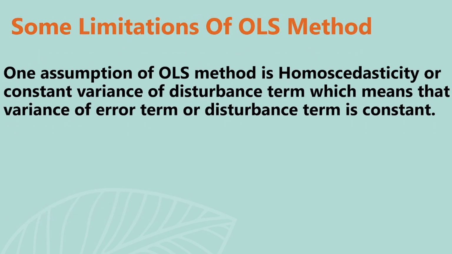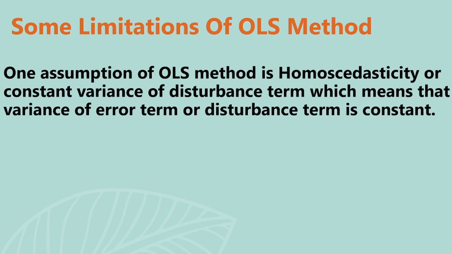Next limitation. One assumption of OLS method is homoscedasticity or constant variance of disturbance term, which means that variance of error term or disturbance term is constant. This is an assumption of OLS method.